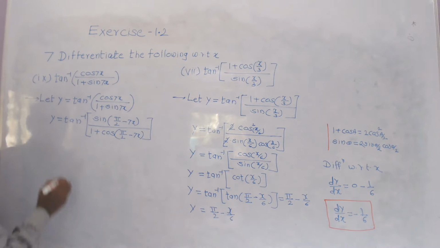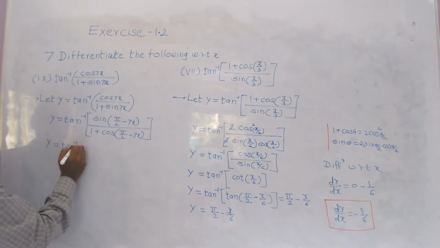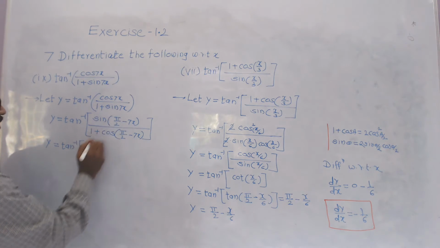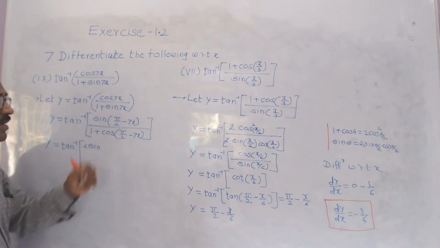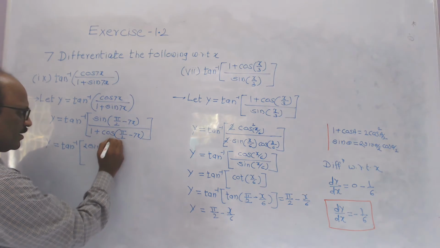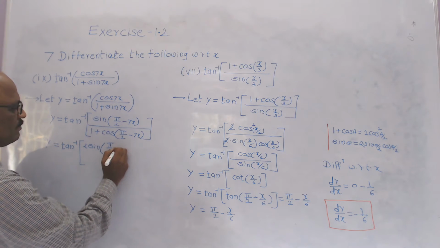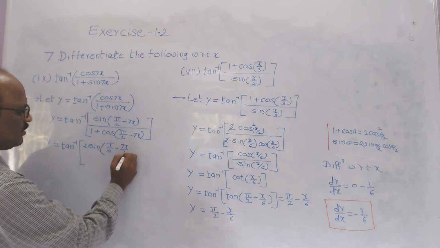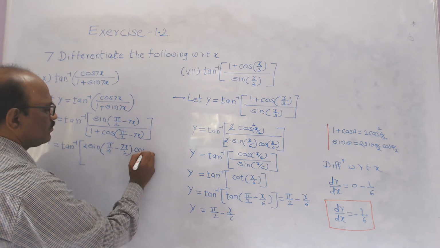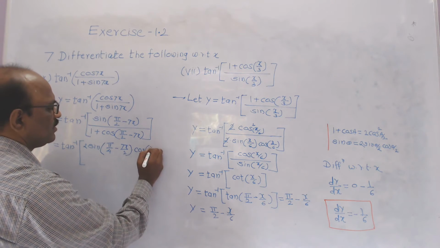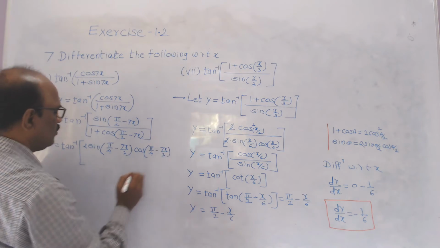By using that formula, y is equals to tan inverse of 2 sine of whatever the angle divided by 2. Therefore here divided by 2, pi by 2 upon 2 means pi by 4 minus 7x upon 2, into cos of pi by 4 minus 7x upon 2.